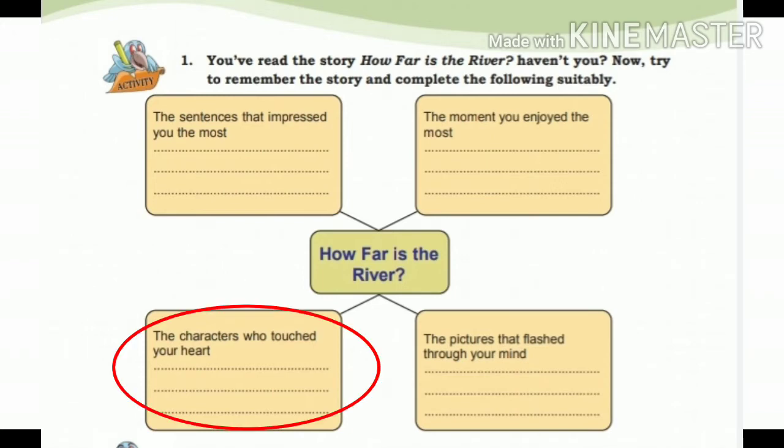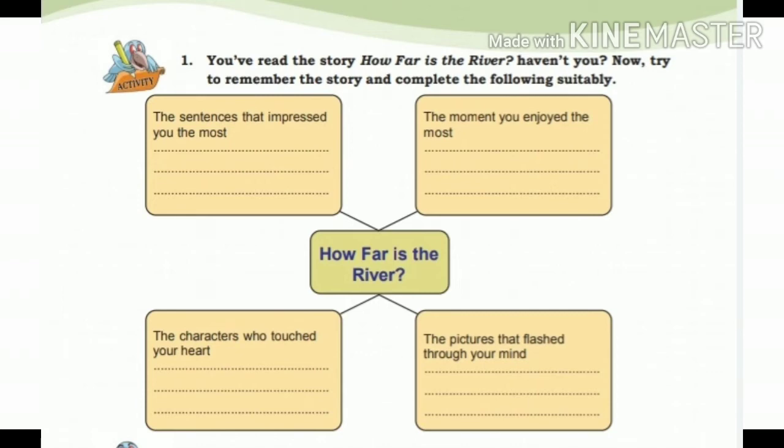Okay. Now the third one, what are the characters that touched us? That also you can write with this. You can start, I like the boy very much. I am writing this because I like the boy. If you like any other character, you can write like that.